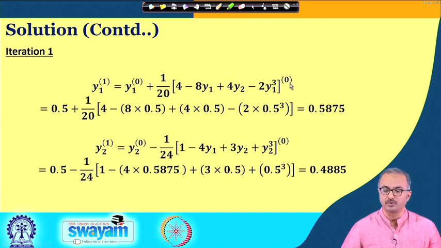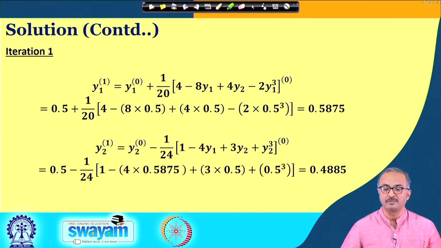This shows that we are putting all these inside, whatever is there inside the bracket at the 0th level. So we put the 0th level values over here and we update the y1 value to this value. So we can see that 0.5 has moved up to 0.5875. And next for y2 also we update it, and we find that we are getting 0.4885.